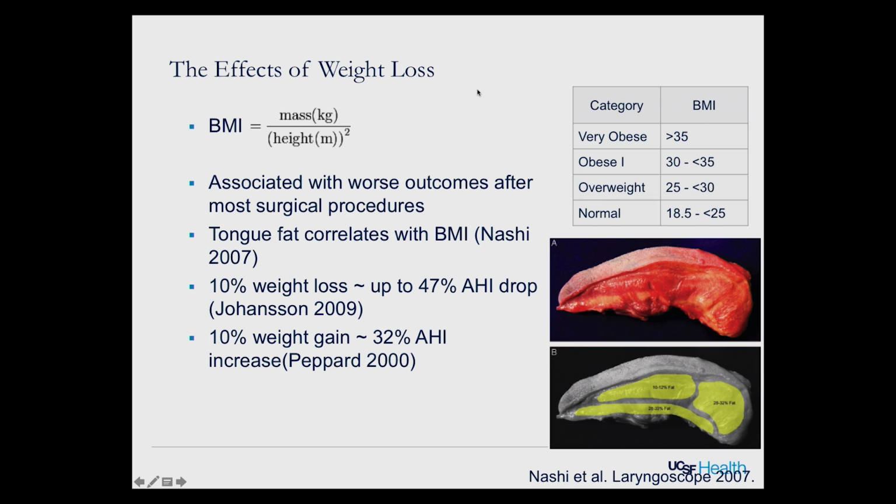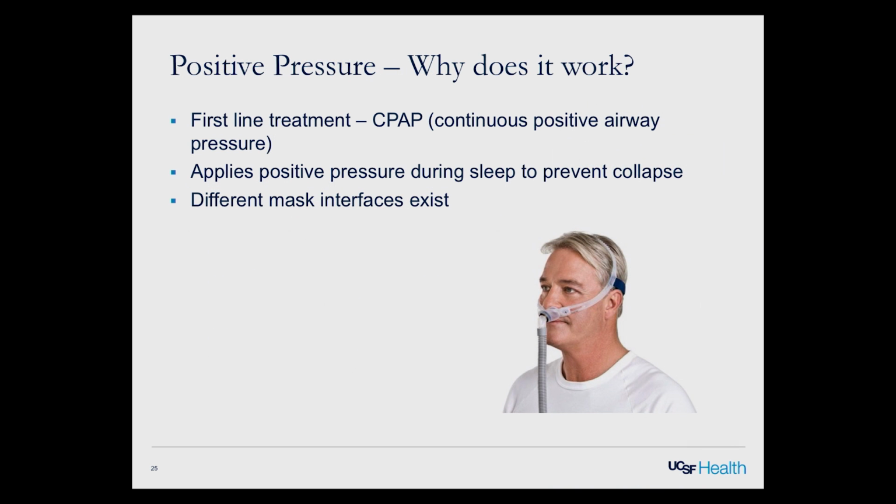And the way that weight plays a role in sleep apnea is tongue fat actually is correlated with BMI, and you can actually put fat in the tongue. And when people ask how much weight do I have to lose to impact the snoring and sleep apnea, it's probably about a 10% weight loss to get a significant change in some of that problem.